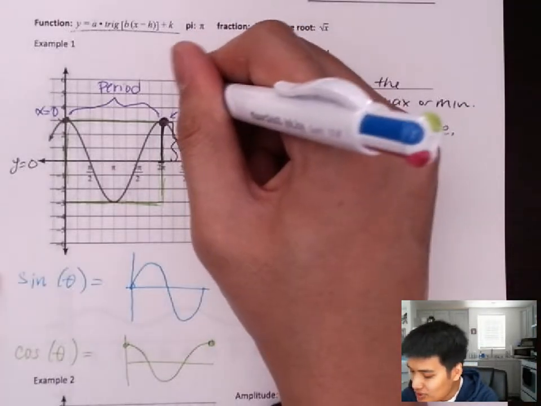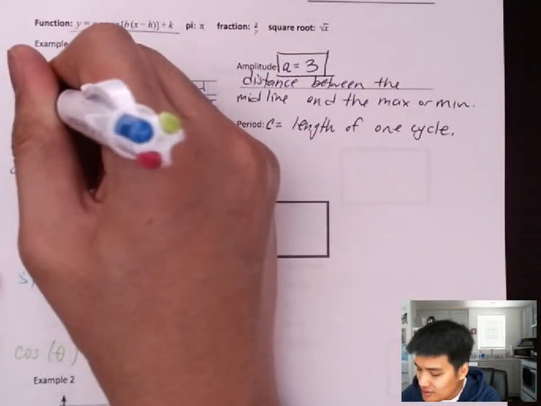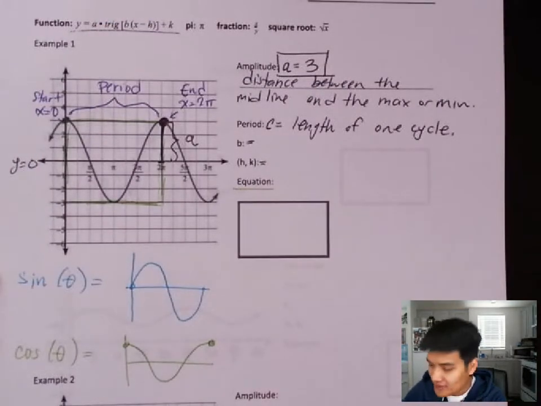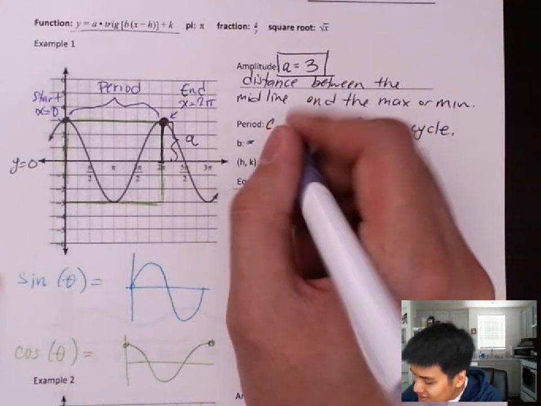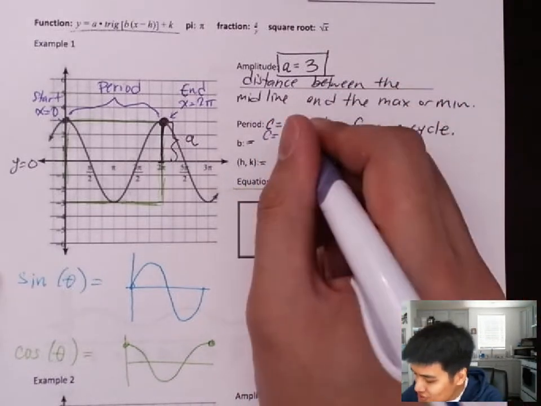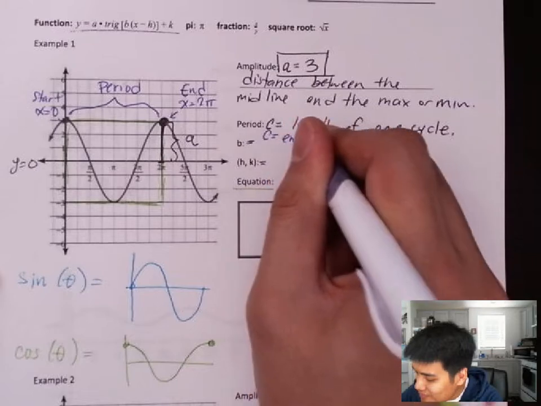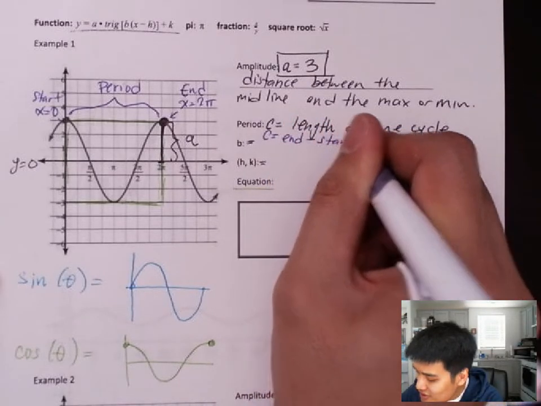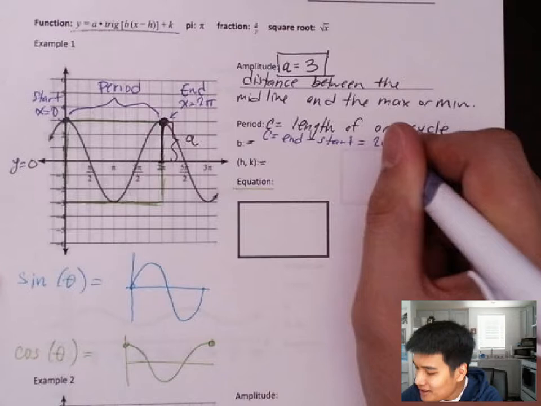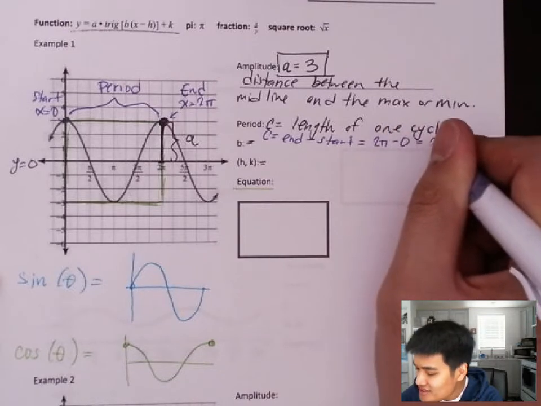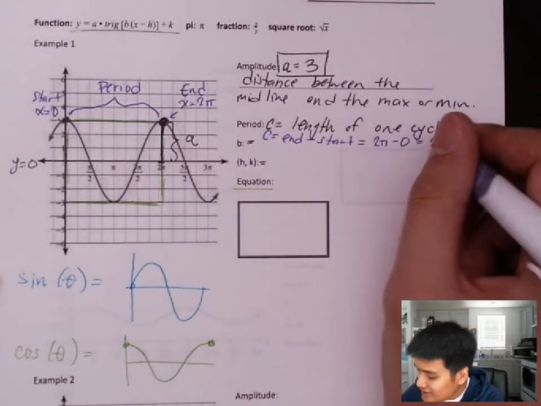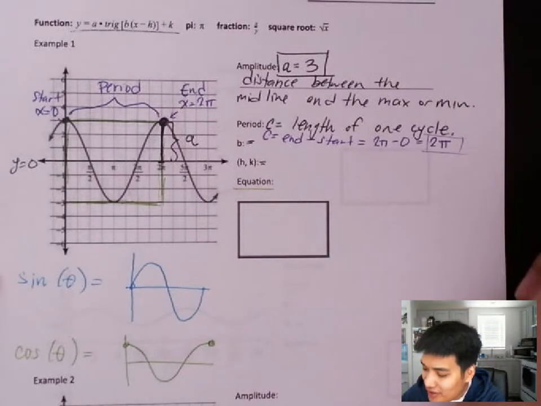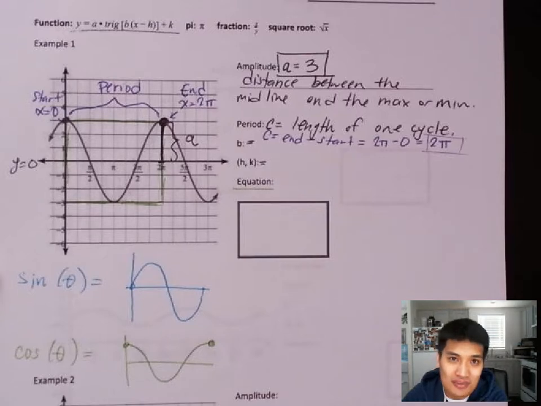So this is our endpoint. This is our starting point here. So simple algebra tells us that our period length is just going to be the end minus the start, which in this case is 2 pi minus 0, which is just 2 pi. So there we have not a parameter, but a value that we can use to determine one other parameter in the equation here.